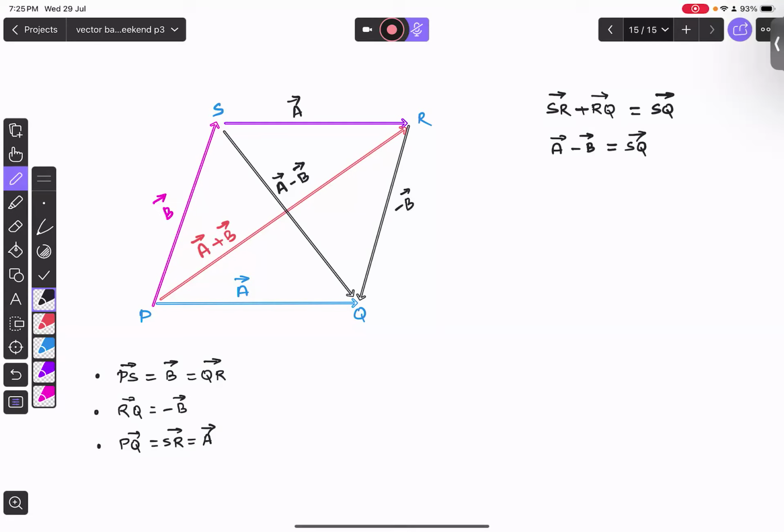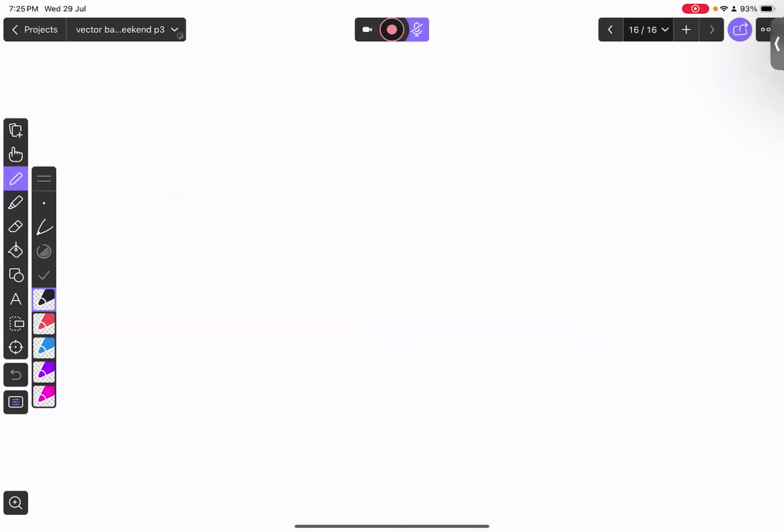The next thing that we are going to see is unit vectors. A vector whose length or magnitude is 1, such a vector we call a unit vector.